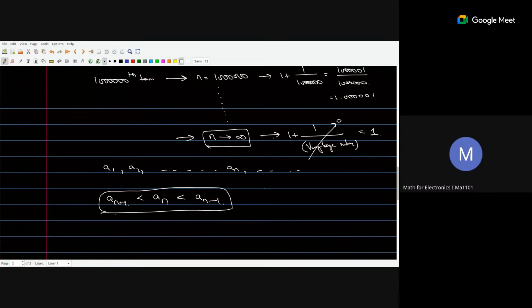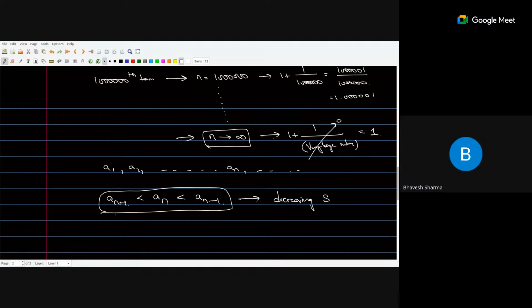So these kinds of sequences are not only called convergent, these are also called decreasing sequences. So decreasing sequence is another type of classifying sequences. The first classification is whether it is convergent or divergent or oscillating. And another way of classifying is whether the given sequence is decreasing or increasing, or neither increasing nor decreasing.